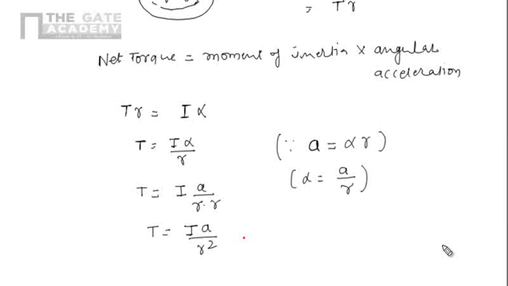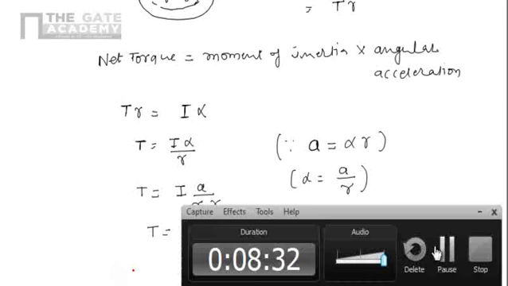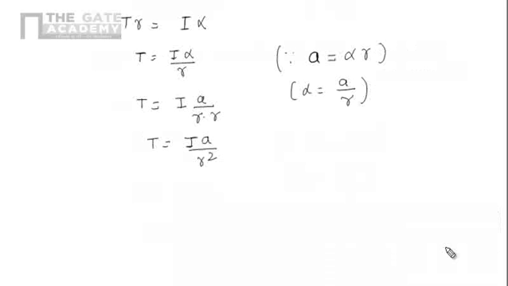Now we have already mentioned the equation, mg minus T equals ma. So here I will put the value of T, that is I A divided by R square, equals ma.